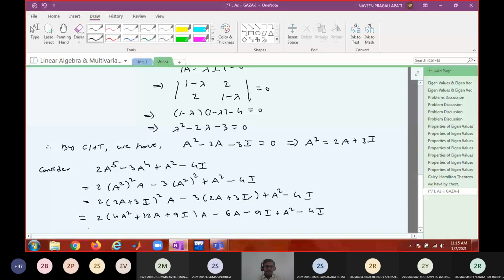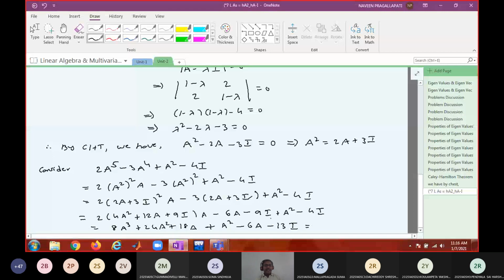So 2 times 4A squared plus 12A plus 9I, into A, minus 6A minus 9I plus A squared minus 4A. This is 8A squared plus 24A plus 18I. Sorry, after that I have to multiply with the A also, so it has to be A cubed. So 4 twos are 8, 8A cubed, 24A squared, plus 18A, minus 3(2A plus 3I) plus A squared minus 6A minus 39.